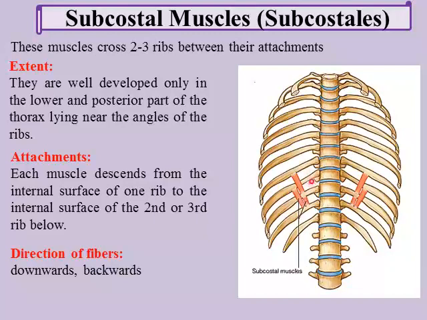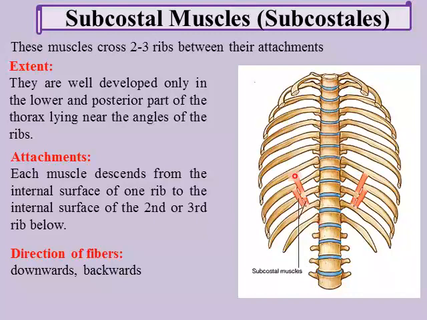The most posterior part of this layer is present near the posterior part of the thorax, near the vertebral column. It is called subcostal muscle. It arises from one rib and passes 2 or 3 spaces and ribs to be inserted in lower ribs 2 or 3 ribs below.